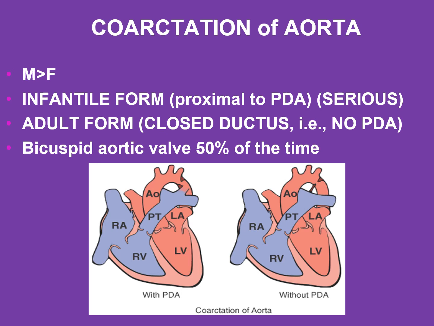So in coarctation of aorta, we have an infantile form when the coarctation is proximal to the PDA, which is more serious, or an adult form, which is a closed ductus, so there's no need for PDA here. This is also associated with bicuspid aortic valve in 50% of the cases, which in turn, if the patient survived to adulthood, is also prone to a lot of stenosis of the aortic valve.